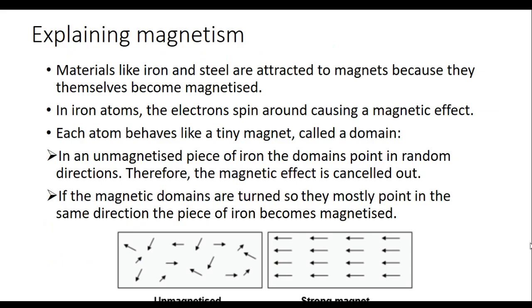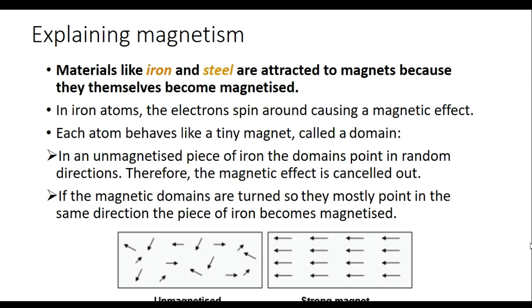Now we will look at magnetism in a bit more detail in terms of how materials become magnetized. So, materials like iron and steel are attracted to magnets because they themselves become magnetized.